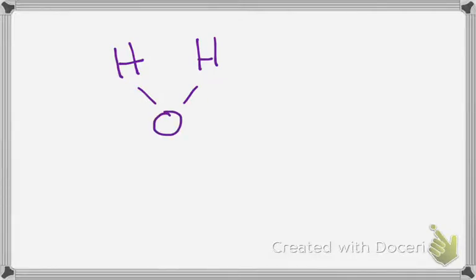I'm going to make this a different color. Another hydrogen, oxygen, right there. And so these molecules, water binds to water right there, that bright yellow, that is a hydrogen bond.